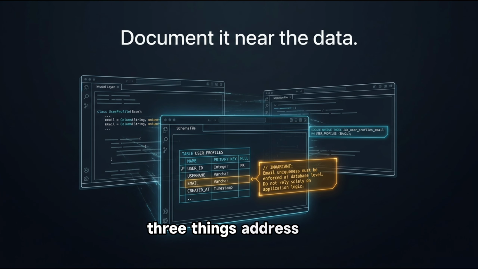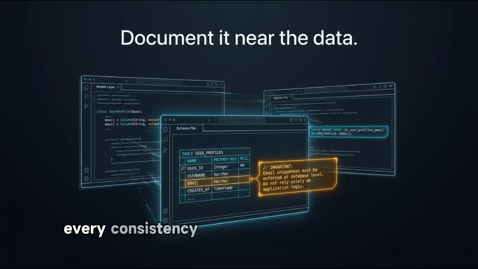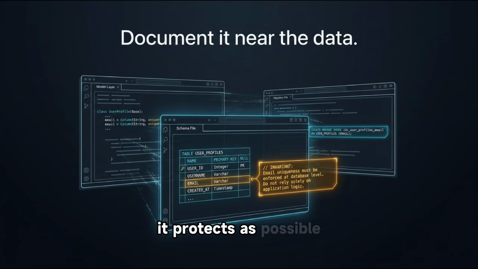3 things address this. The first is explicit invariant documentation at the data level. Every consistency invariant should be recorded as close to the data it protects as possible. Not in a wiki, not in a runbook, in the schema definition, the migration files, the model layer, wherever an engineer is most likely to see it before they violate it.